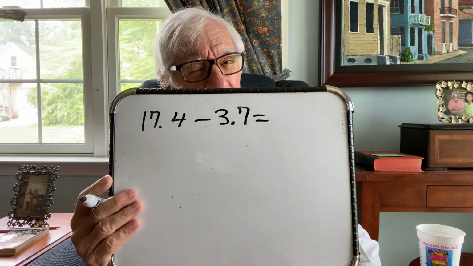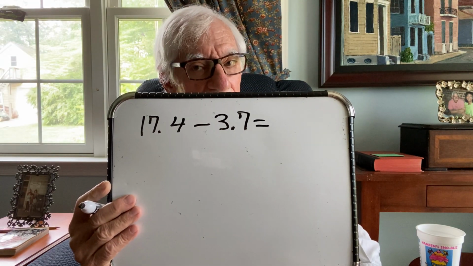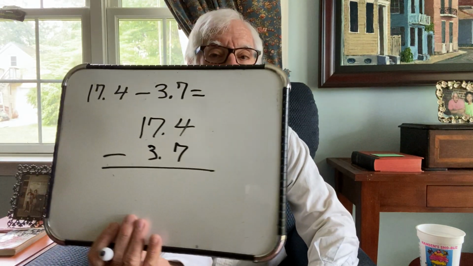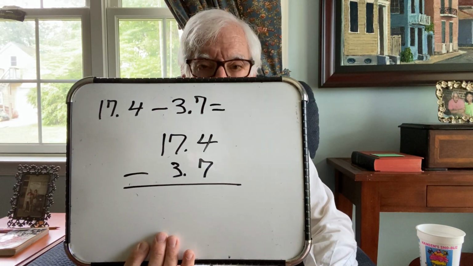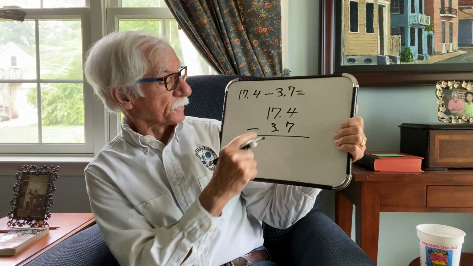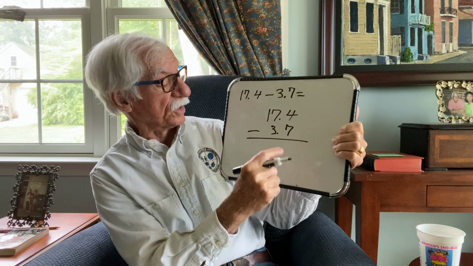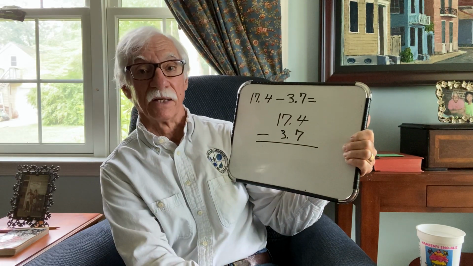First off, it's horizontal, so we got to set it up vertical. 17 and 4/10 take away 3 and 7/10. I jumped to a complicated one for you, but you can do it. So let's look at this. 17 and 4/10 take away 3 and 7/10.